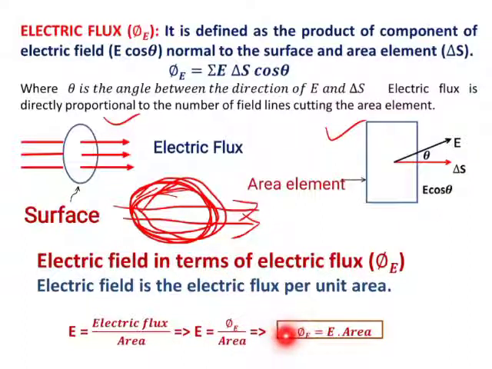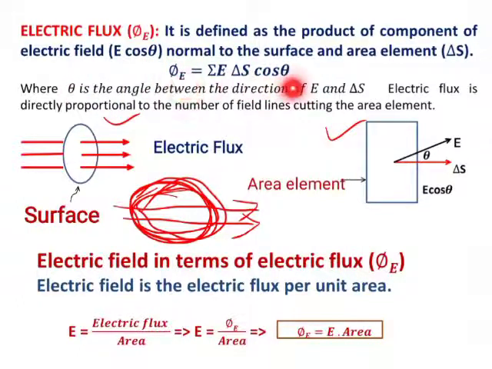Therefore, phi E is equal to E dot area. This is the expression for the electric flux: phi E is equal to E into area, that is, the summation of E delta S cos theta. This is the electric flux formula.